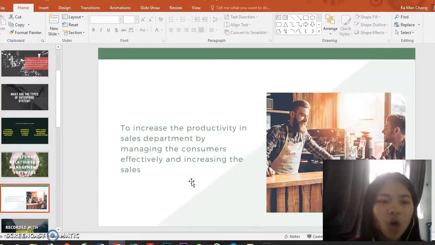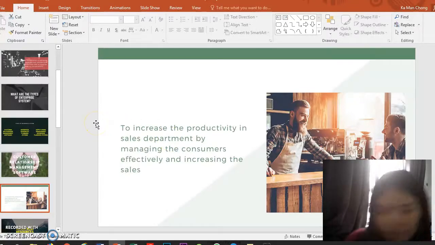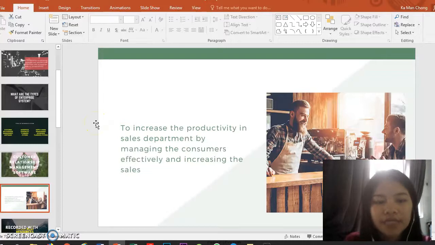Throughout the whole process, the systems can be used to help businesses learn more about their targeted audience and how to best cater to the customer's needs. To be simple, it is to increase productivity in the sales department by managing the consumers effectively and increasing the sales.